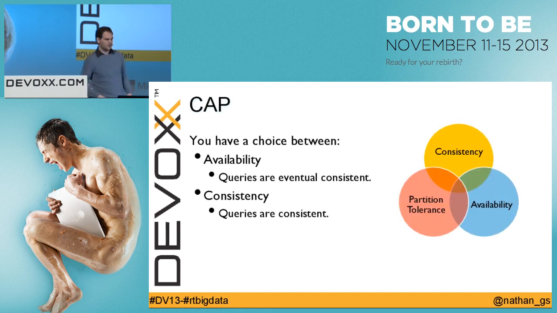In our speed layer, we have a bit of a choice between availability and consistency. The CAP theorem says consistency is that all nodes see the same data at the same time. Availability is that every request will receive a response. And then you have partition tolerance, which means that your system continues to operate despite network loss or failures of part of the system.